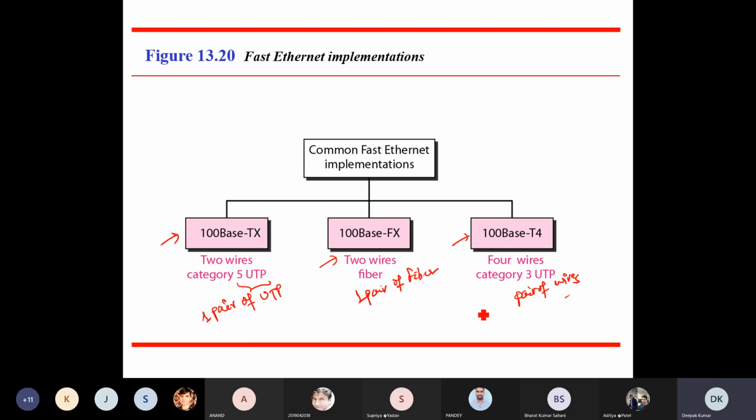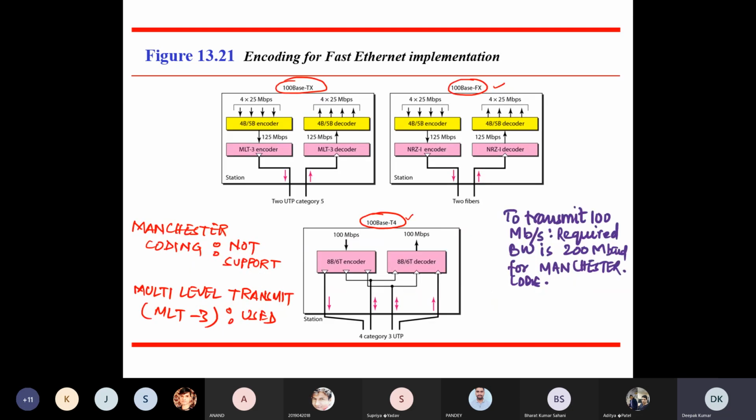Earlier it was one pair, one pair, one pair. This is replaced by two pair, two pair, two pair for Gigabit Ethernet. That is the major change.